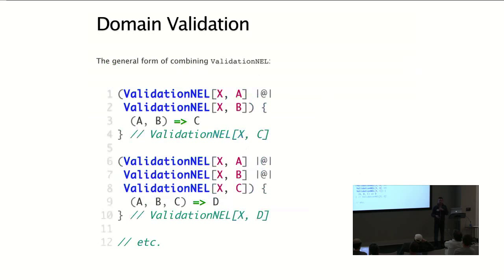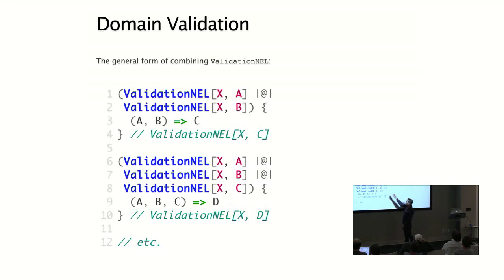So to back up, the general pattern is like this: I have these basic subparts of what I want to validate, and those are validations. There's a failure type X and a success type A, and then there's another one that has the same failure type but a different success type B. In the success case, the function that I pass in says how do I transform the input successes into an output success?